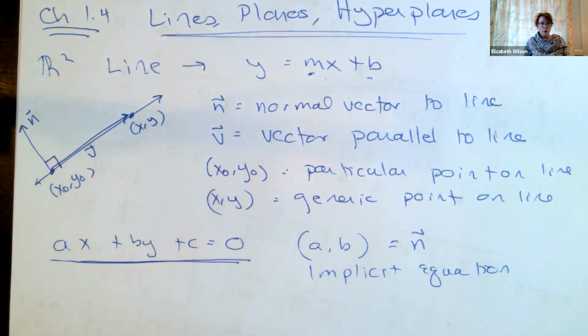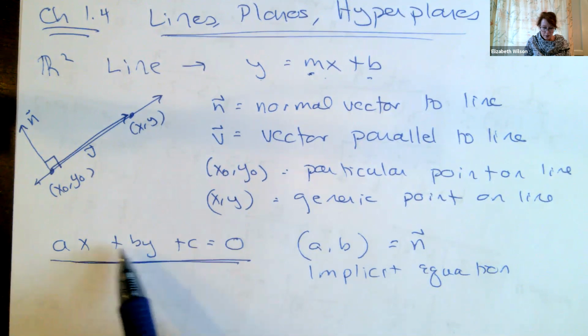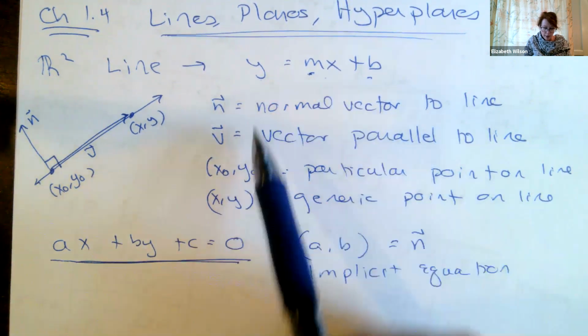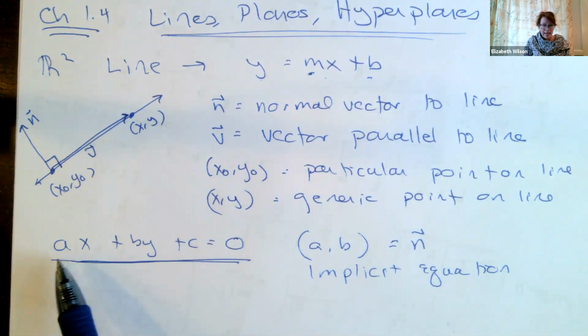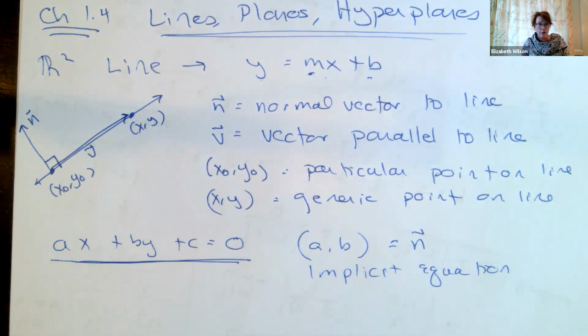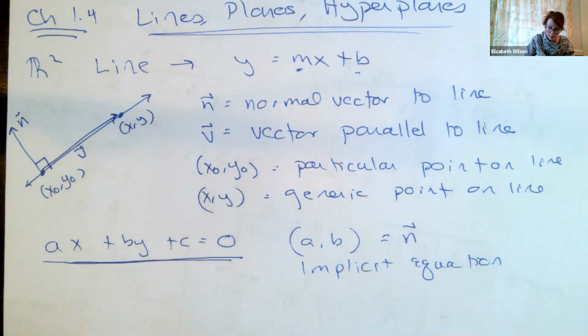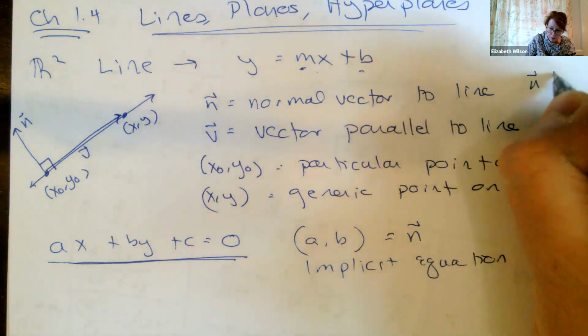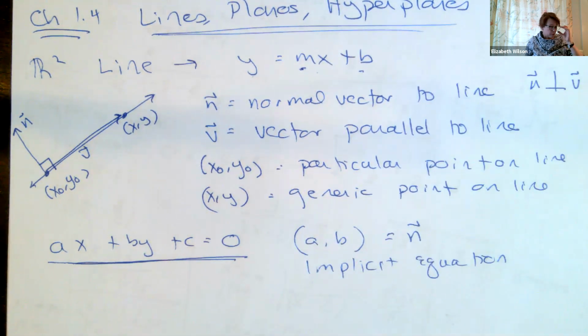Implicit means we're implying our parameter. We're going to talk about parameters, vector representations using parameters of lines and planes, in just a minute. But this is like our x and y equation. a and b are components of the vector that's normal, that's orthogonal to our line. Let me write n is perpendicular to v, just so you know.